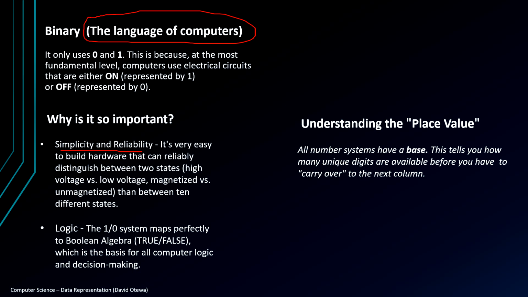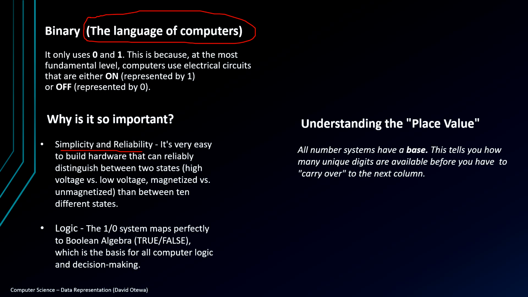Then imagine if computers had to understand 10 different states. It would be too much work for even the builders. So for simplicity, 0 and 1 are the best, because it's a machine, so it's easy to design. So the first reason we've seen is simplicity and reliability.